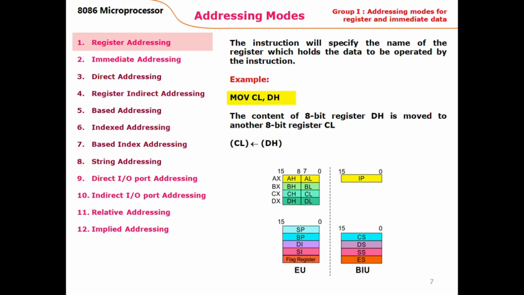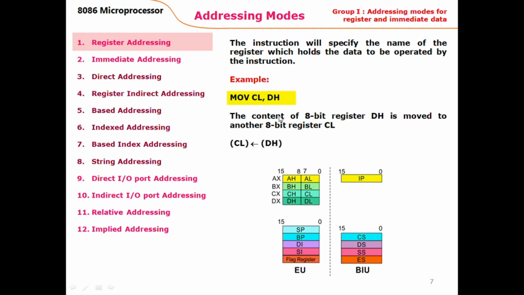In the first group, there is register addressing mode. The instruction will specify the name of the register which holds the data to be operated on by the instruction. For example, this is an instruction: MOV CL, DH.